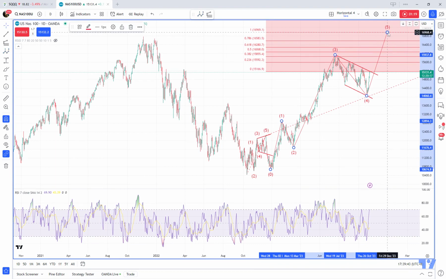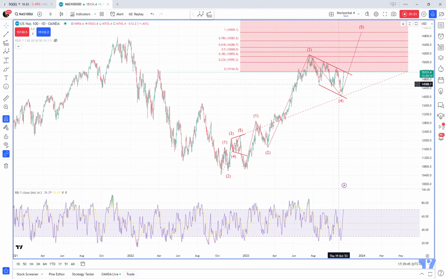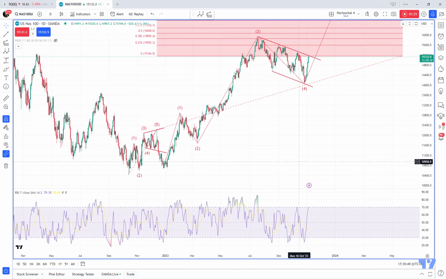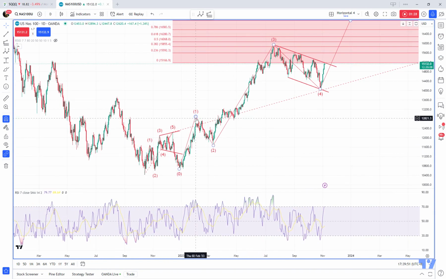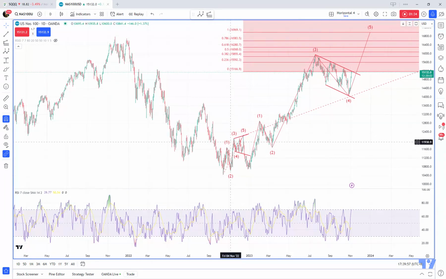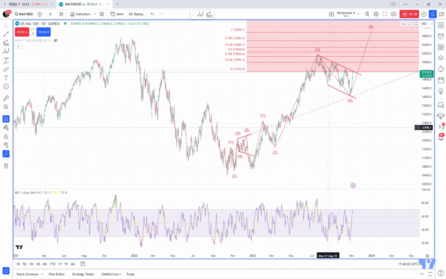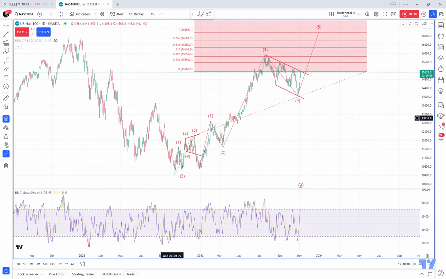So over here, the estimation on where the fifth wave will end is usually based on the previous wave, wave 1, or we can do it in different ways. But usually we just find one that has the best Fibonacci relationship. So over here you see that I'm using this initial wave.